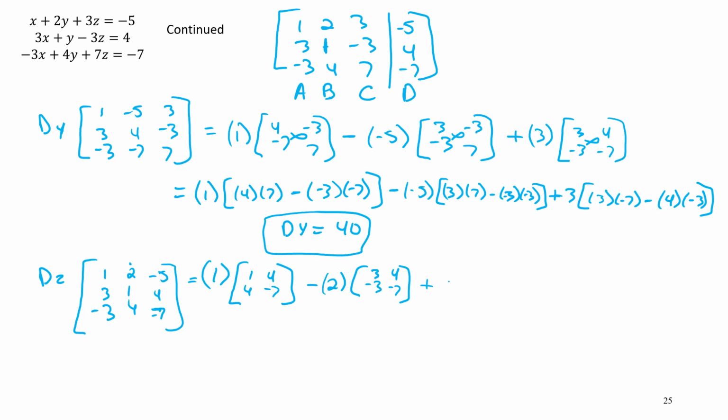Plus our c, which in this case is -5. And we would get rid of the 1 and the 2, and then the 4 and -7. So our small matrix would be 3, -3, 1, 4. Writing this one out, you'd get 1 times -7 minus 4 times 4.